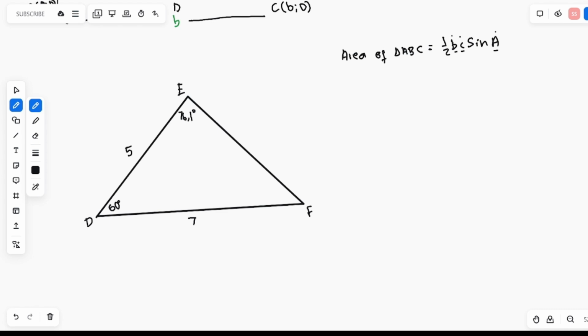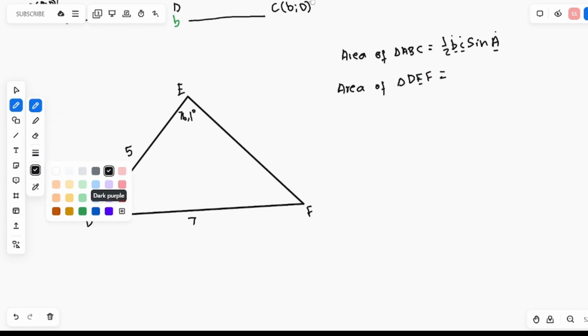So in this case, how are we going to solve this question? Because they are telling us that we need to calculate the area of triangle DEF. You are going to ask yourself, which angle do you have? In a sine or a cosine rule, we know that we need to have at least three known variables.